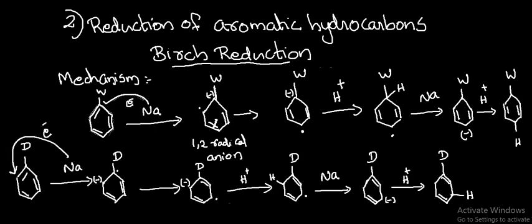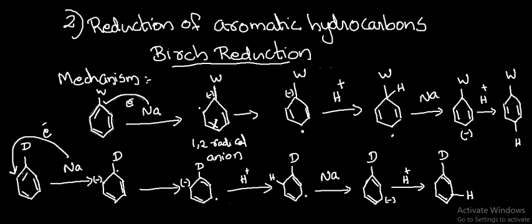Then what is the mechanism in the case of electron donating substituents? Here sodium metal transfers one electron to the ortho position of the ring.